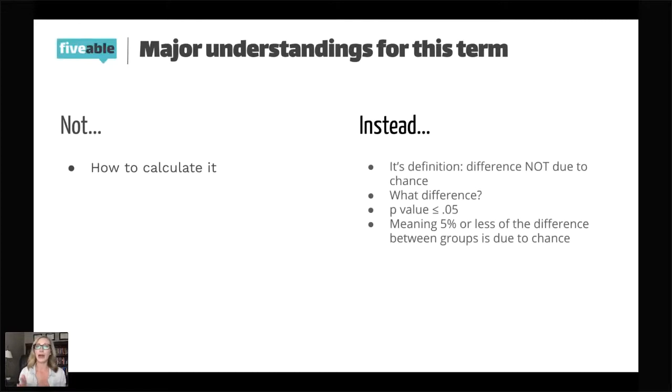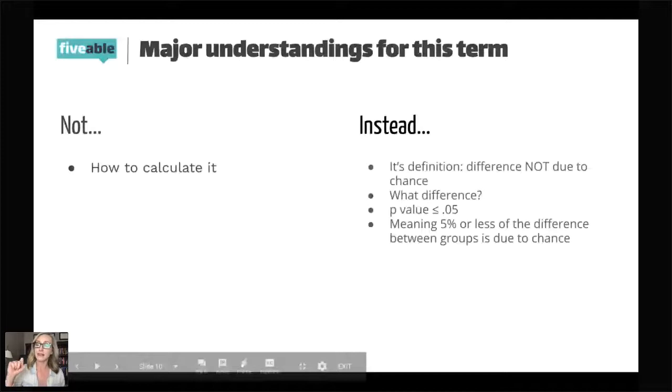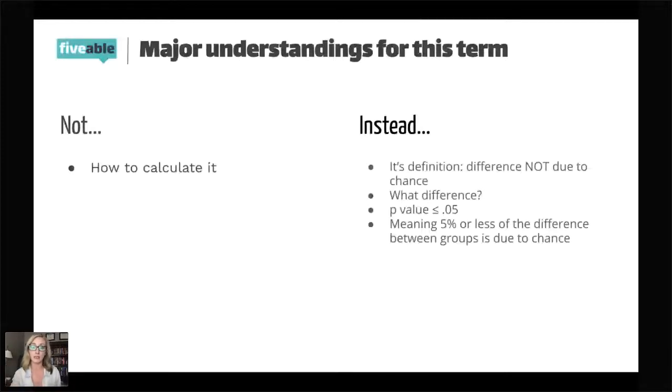The p-value has to be less than or equal to 0.05, or 5%. What this means, and it's this last bullet point here, is that 5% or less of the difference between the groups is due to chance. If that's the case, then it is statistically significant and they have proven themselves, right? The researcher has in fact proven the value in their work.